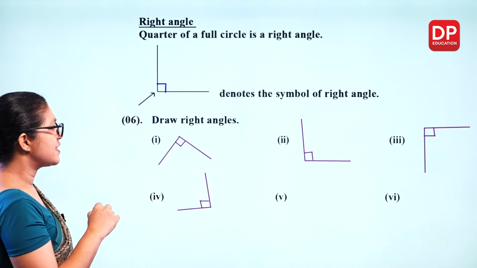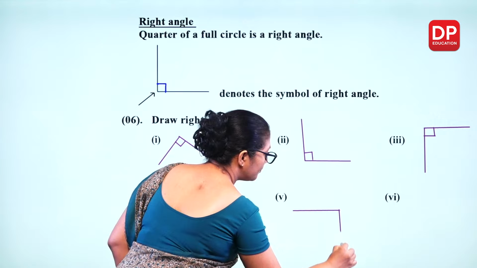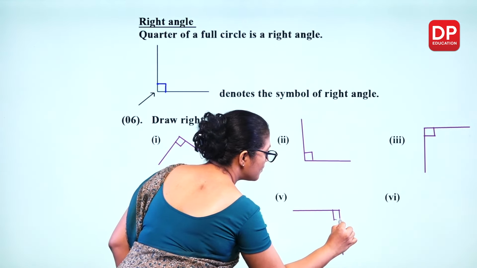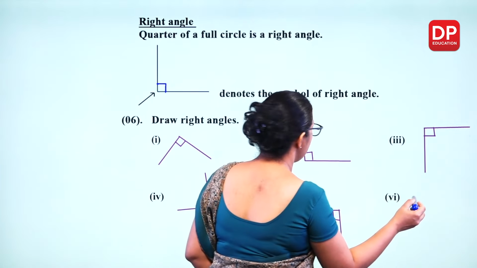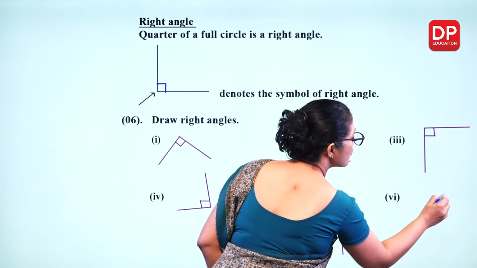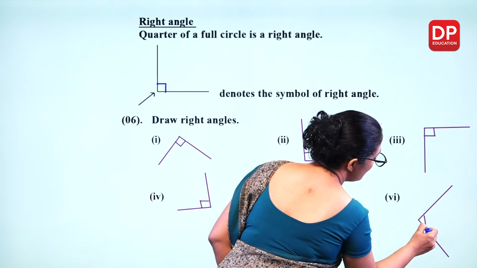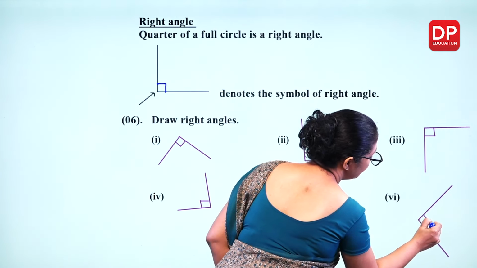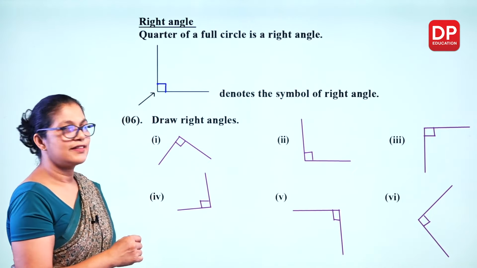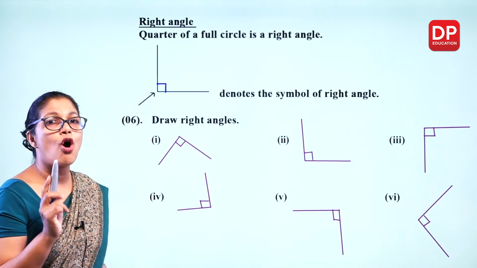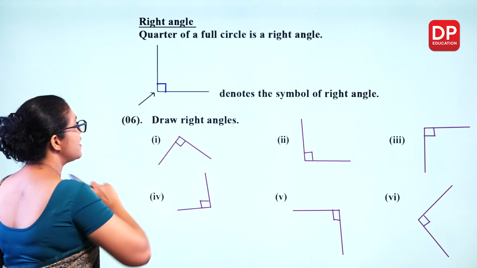This way is also a right angle there. And I can draw this way, that's also a right angle. And another one, we'll draw this way. So use the ruler. So that's also a right angle. So a right angle means a quarter of a circle, or 90 degrees.